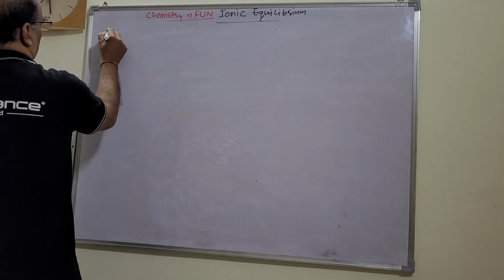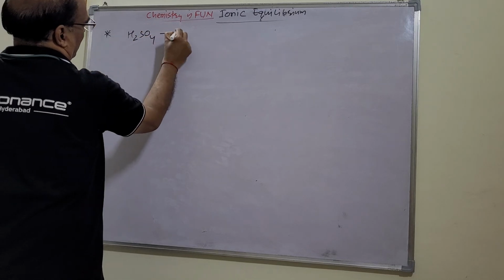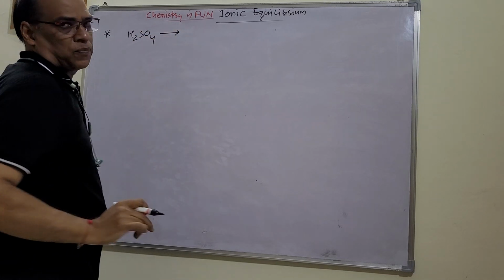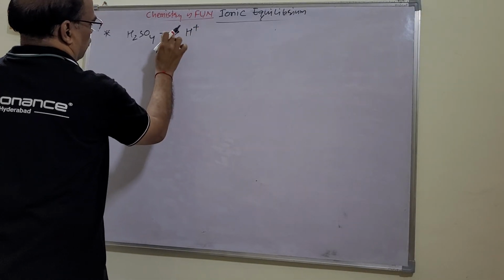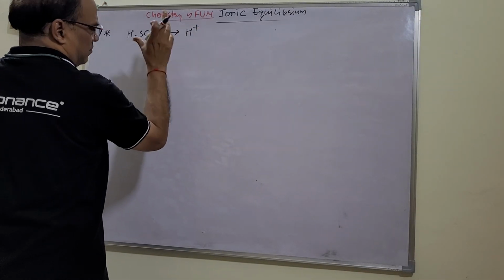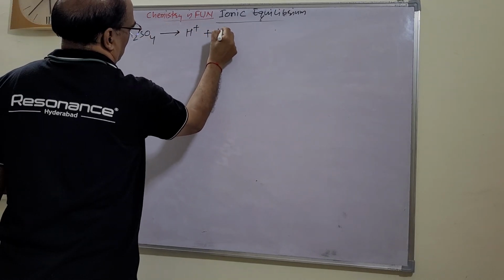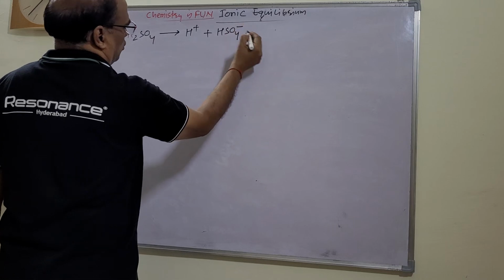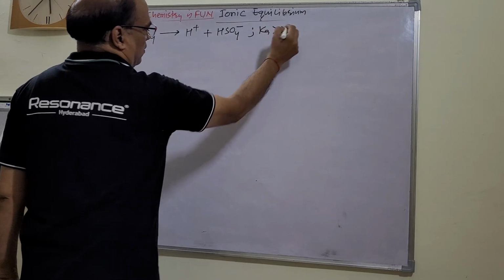So the star mark on H2SO4 I can explain now. H2SO4, its first ionization. I generally use this symbol for complete dissociation. For H2SO4 I should theoretically write the equilibrium sign, but I am not using it. It's my rigidity, you can say, that Ka is very much greater than 1.